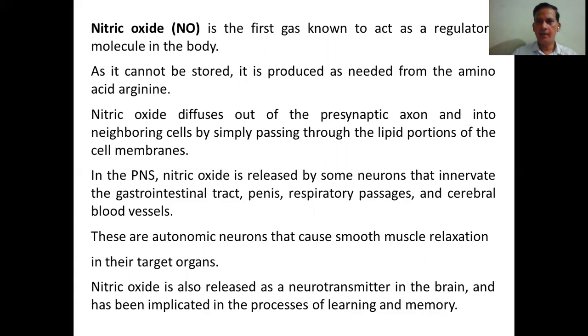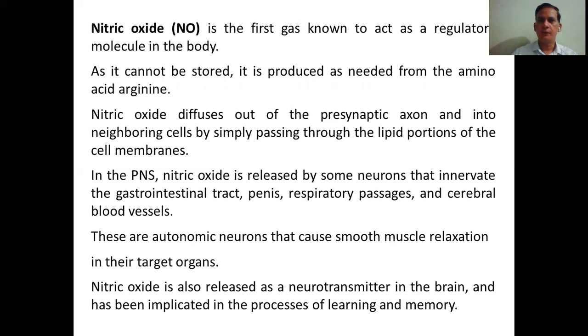In the autonomic nervous system, nitric oxide has a smooth muscle relaxation role. If you remember from the previous lecture on the endocrine glands, I also said there that nitric oxide is responsible for vasodilation. When there is vasodilation, there is improved movement of blood.